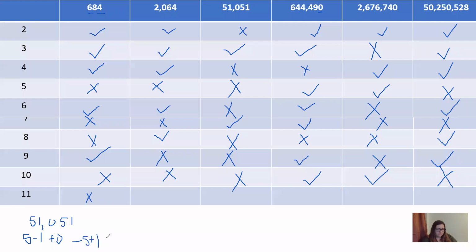So you're just alternating, and your answer is going to be 0. So look for this. So this one is a no, this one is a yes, yes, yes, and no.